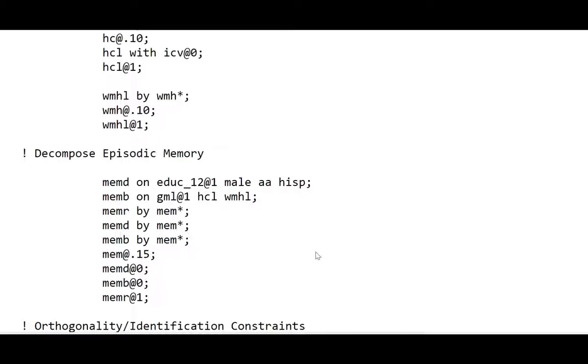Why would you not residualize white matter lesion on white matter? Say that again, please. Mike? Why would you not residualize white matter hyperintensities on white matter volumes? Yeah, so I think this is a matter of some debate.